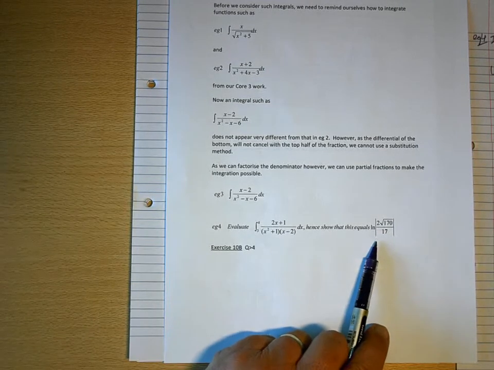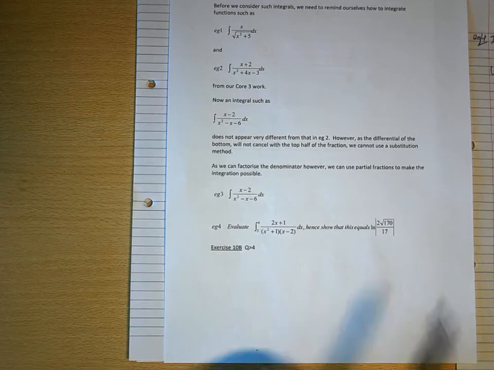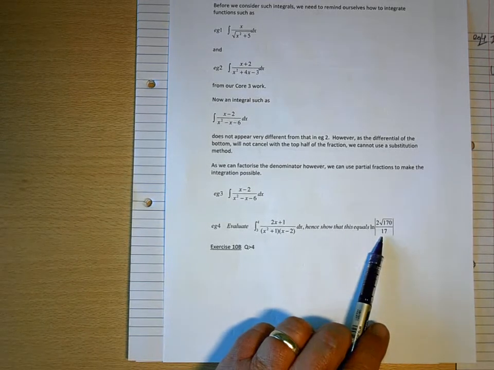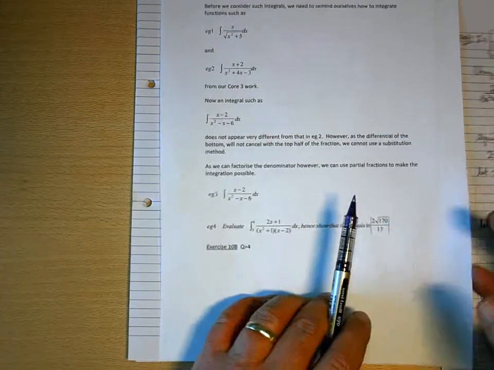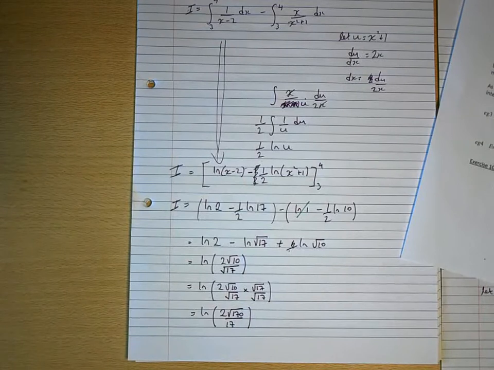Now that one was erroneously or unnecessarily put in modulus. There's no variable in there. It's quite clearly a positive value, so those are unnecessary, and the brown brackets are absolutely fine.